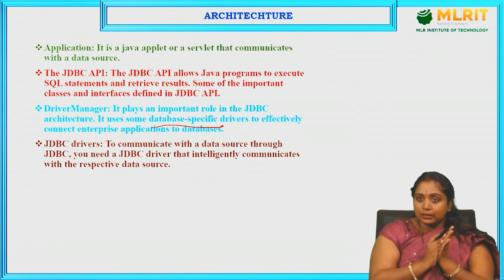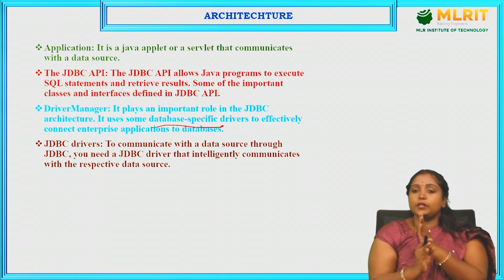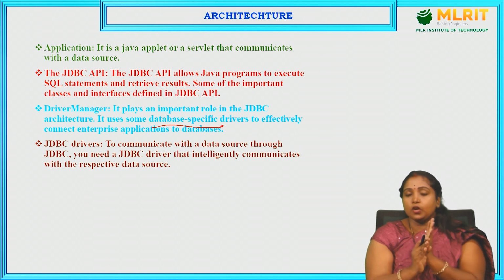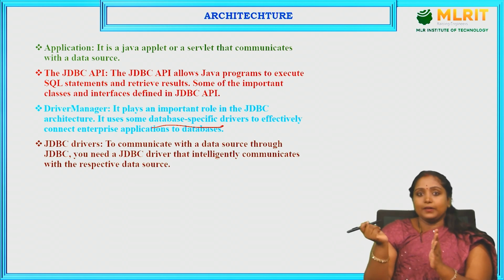Person A, who knows only English, will communicate to the intermediate person. Whatever he says would be translated to person B, who knows only Telugu.